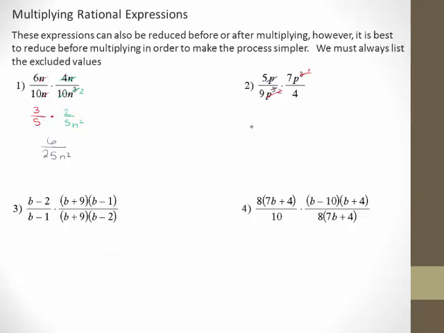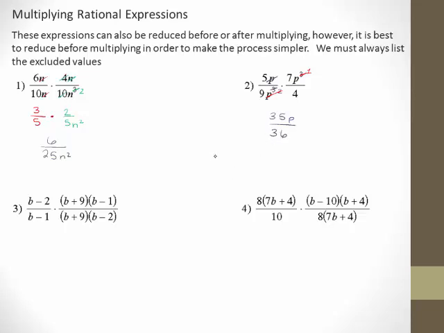Apply. And I'm left with 5 times 7p, which gives me 35p, over 9 times 4, which is 36.